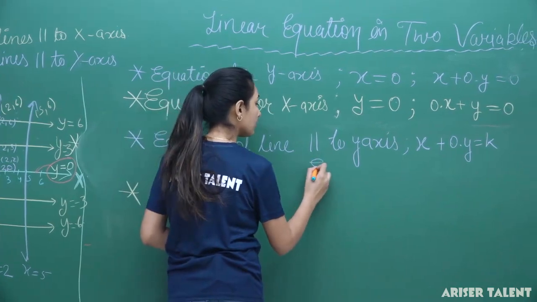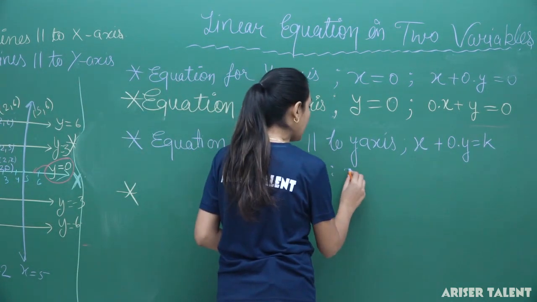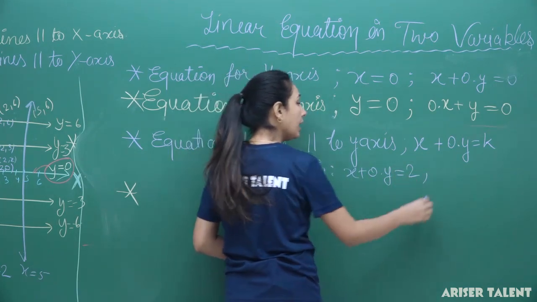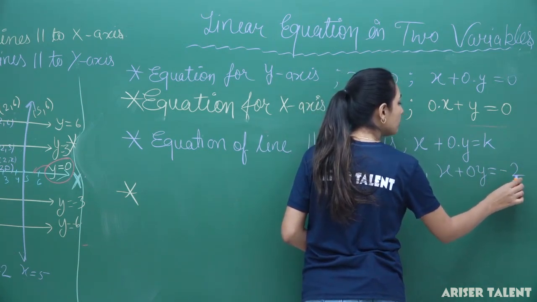Examples? x plus 0y equals to 2, or x plus 0y equals to minus 2, minus 5, whatever it is.